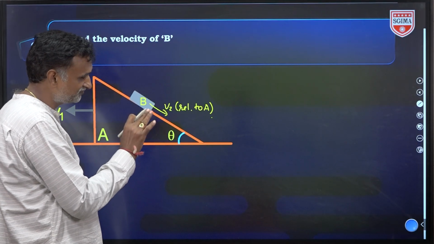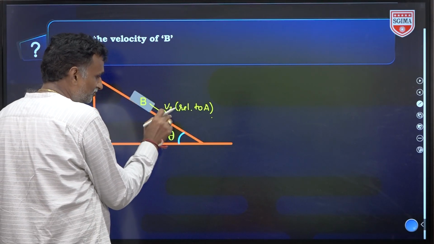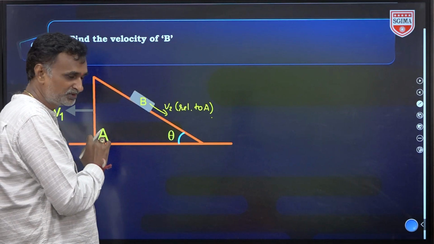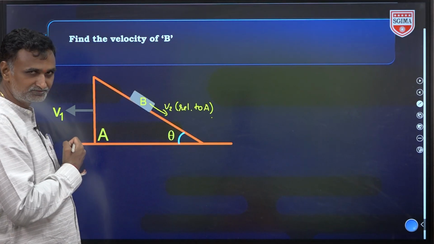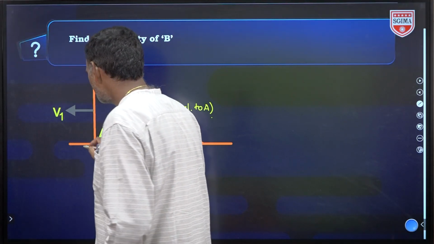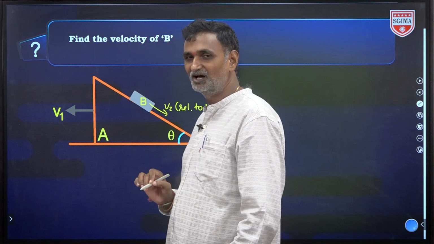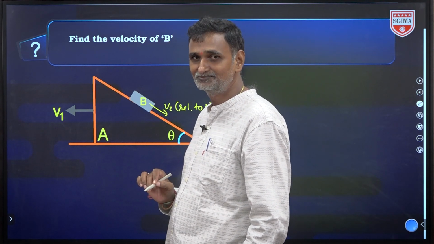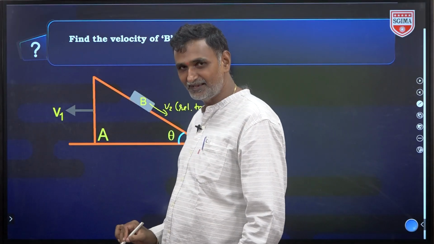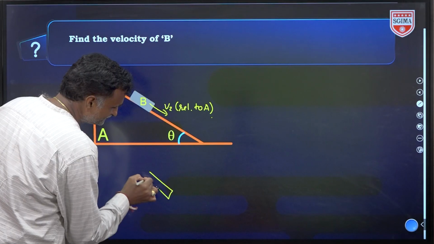Before starting the question, the frame is important, right? So now it is moving down with velocity v2 with respect to A, not with respect to the ground, clearly. Suppose a person stands on the ground and observes this block, how will it move? For the person on the ground, the block should appear like this, I am drawing this block.